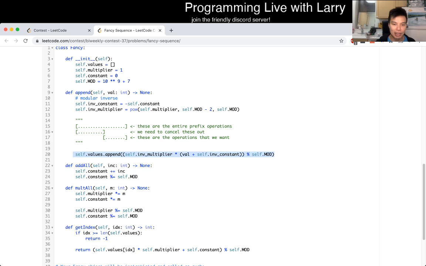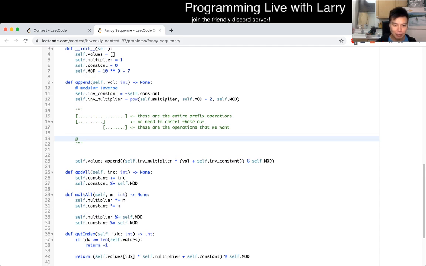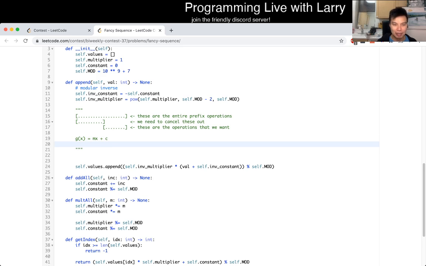This is what this inverse function is for. This inverse function allows us to cancel the rest of it out, because if we say this is g sub n, then going forward we have some g sub x, which is equal to mx plus c, where c involves g sub previous.